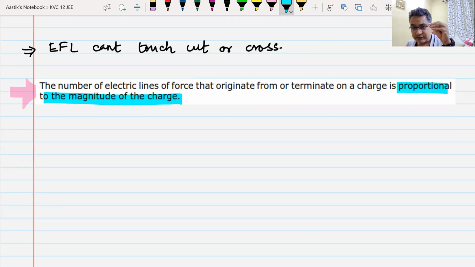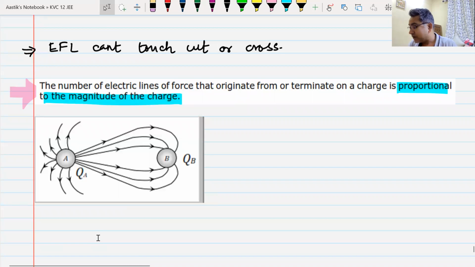A small charge will have a small number of electric field lines coming out or going in. A large charge will have a large number of electric field lines.